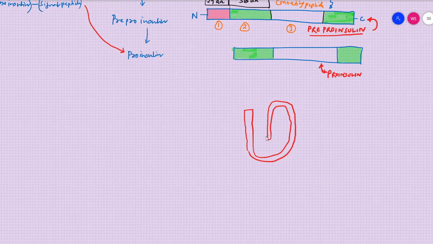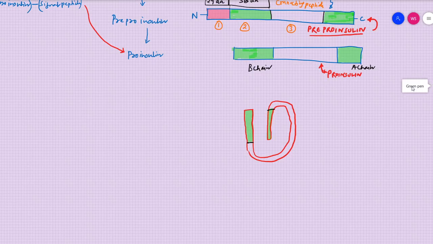So it's a diagrammatic representation. And what we see lined up is, this is the B chain. Okay, so first we drew the B chain, then we drew the A chain. So when we fold it, this is the B chain. Okay, that is the B chain, and that is the A chain.